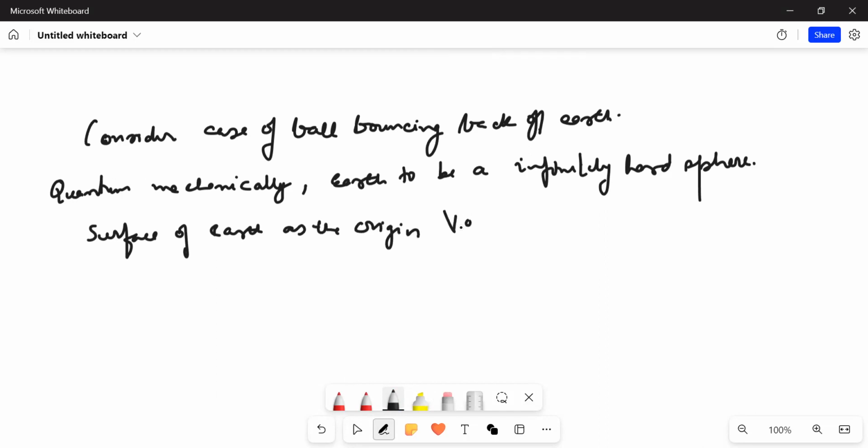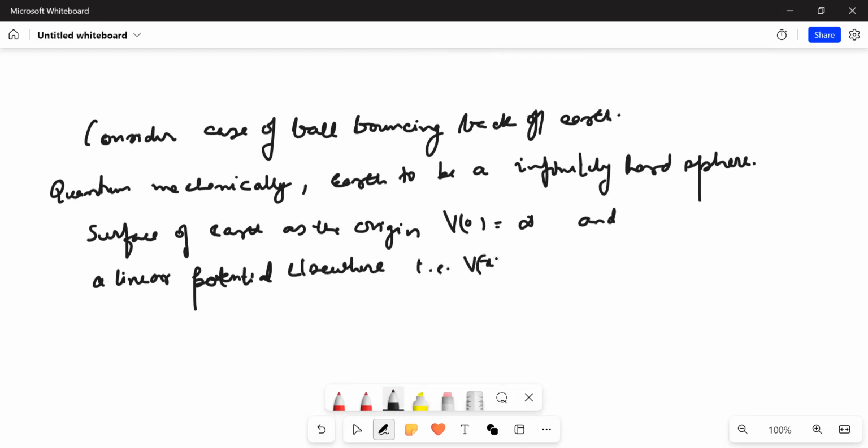That is, it implies that V0 would be infinite, and a linear potential elsewhere. That is, Vx is equal to mgx for all x greater than 0. In fact, minus mgx, sorry.